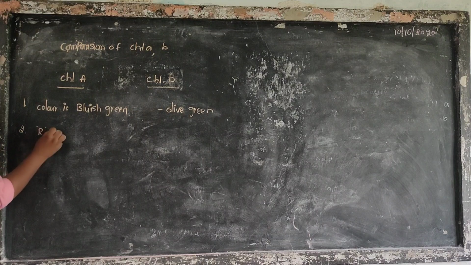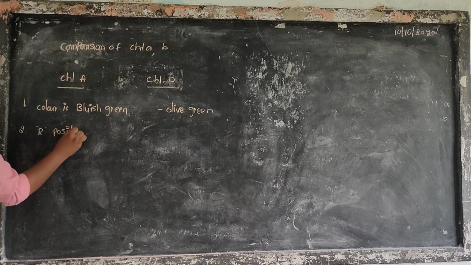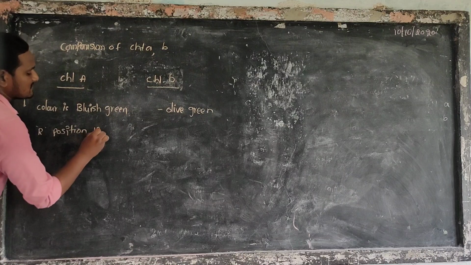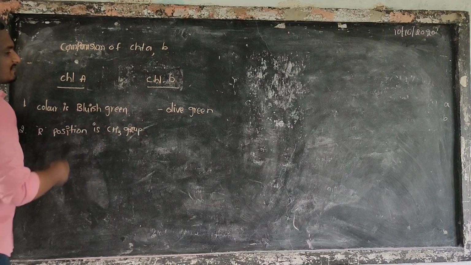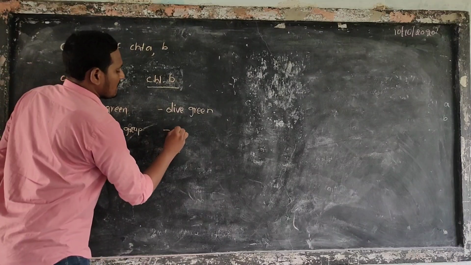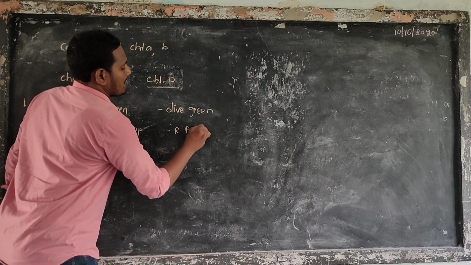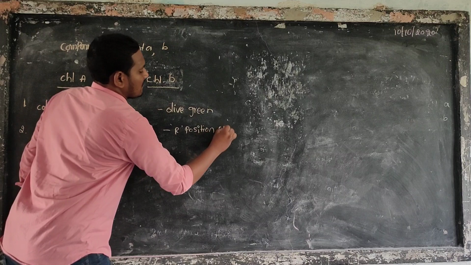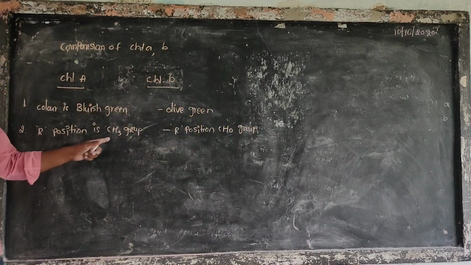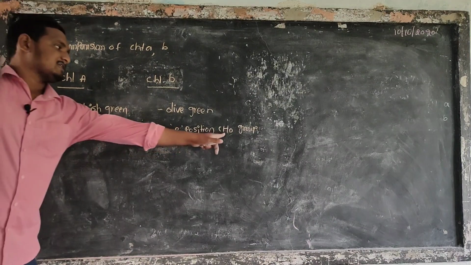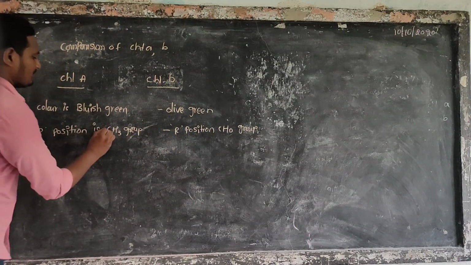At the R position, chlorophyll A has a methyl group, and chlorophyll B has an aldehyde group. CH3 means methyl group, CHO means aldehyde group.